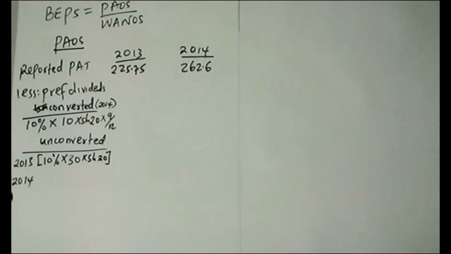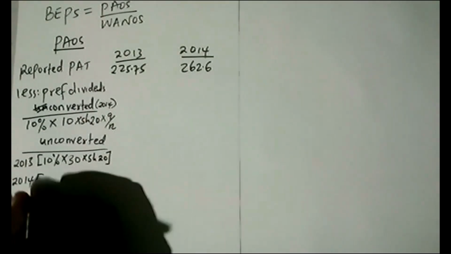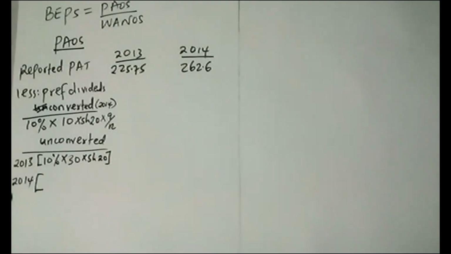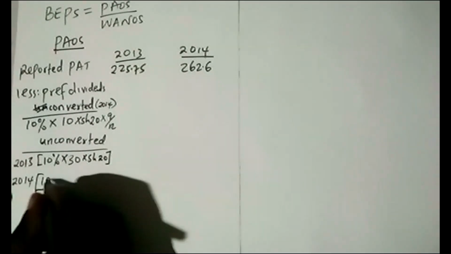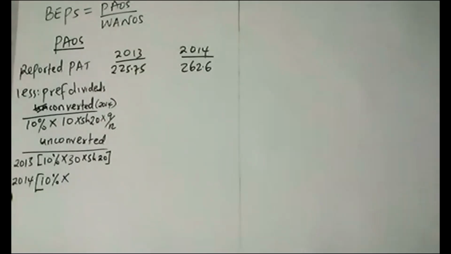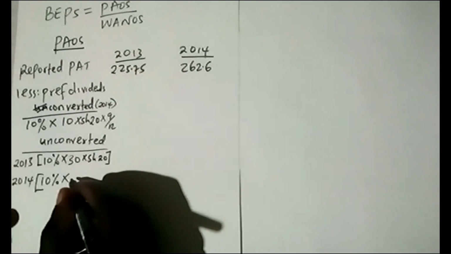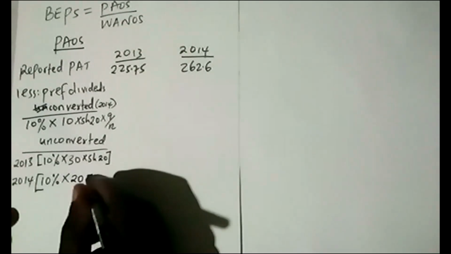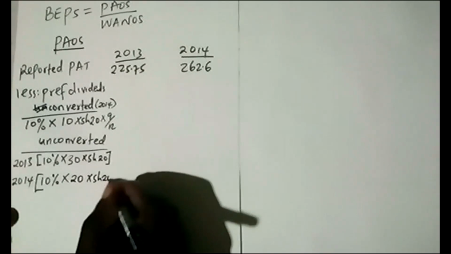In 2013, there was no conversion, but where conversion occurred is in 2014. So for 2014, remember that they converted 10. So the unconverted is 20. The unconverted is 20.